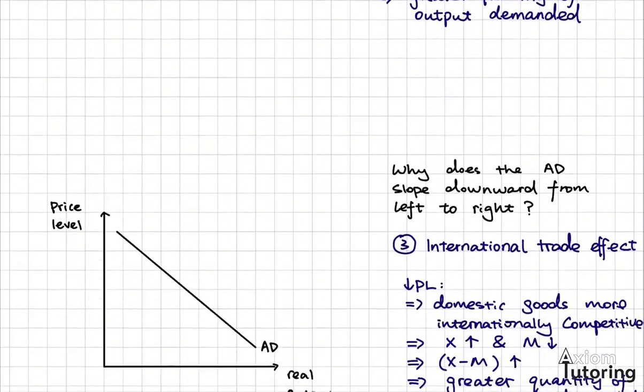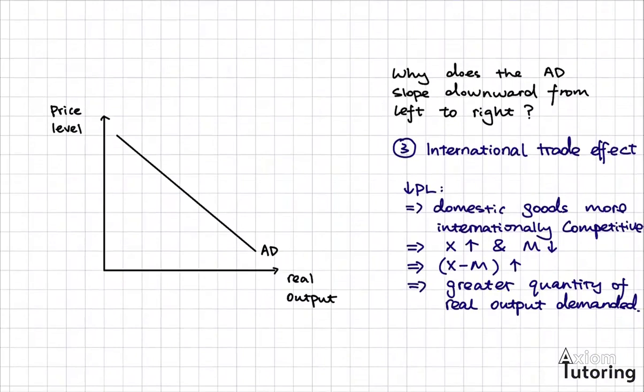Well, the final reason concerns the price of domestic goods relative to foreign goods. Suppose that the UK price level falls, while price levels in other countries remain unchanged. UK goods now become relatively cheaper. Foreign consumers may now find UK exports more attractive, so demand for UK exports will rise.